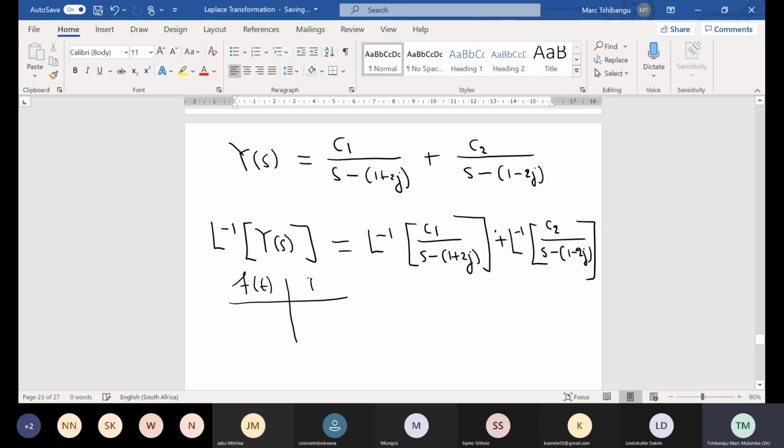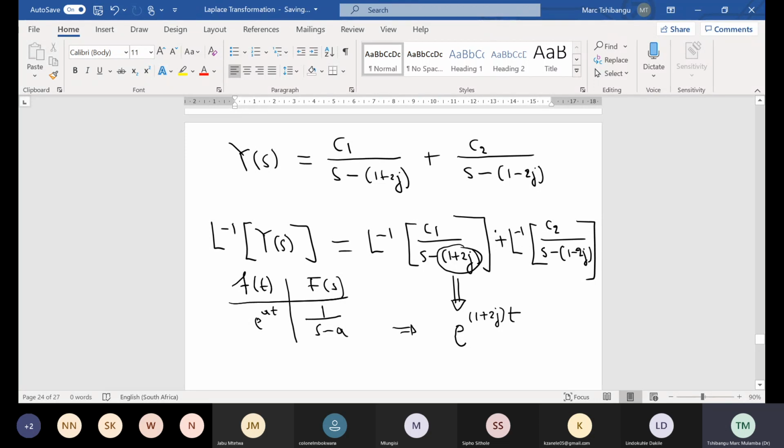When you have e to the power of at, its Laplace transform is 1 over s minus a. But look at what we have. Our a is 1 plus 2j. That means the inverse transform of this function will be e to the power of (1 plus 2j) times t. Are you with me? Because our a is 1 plus 2j.